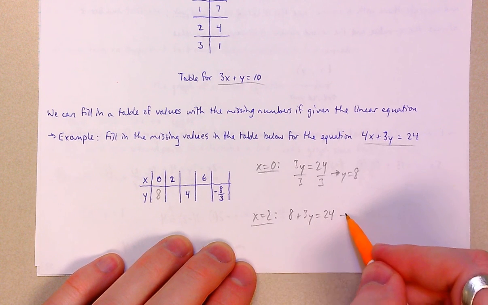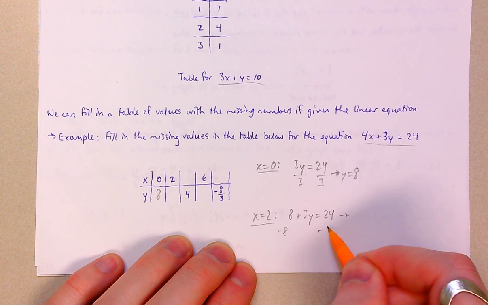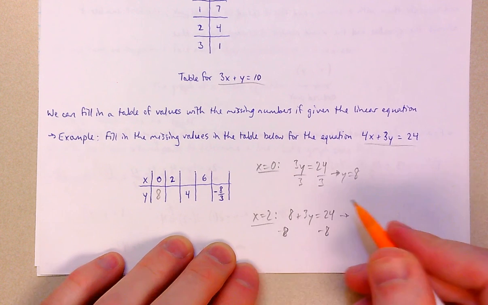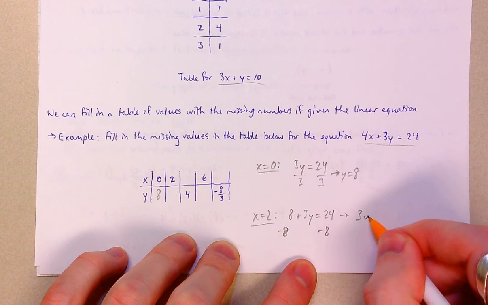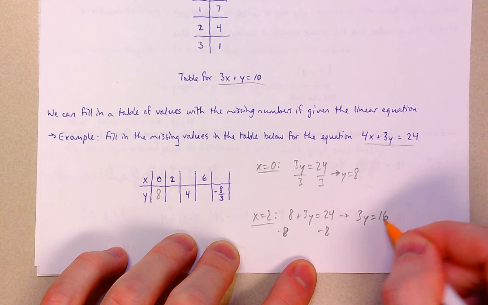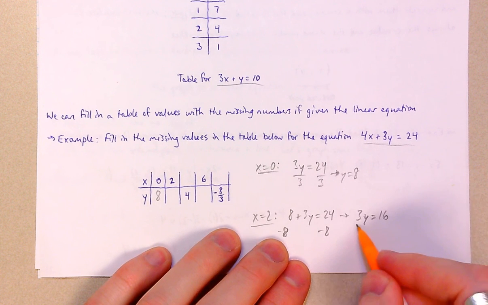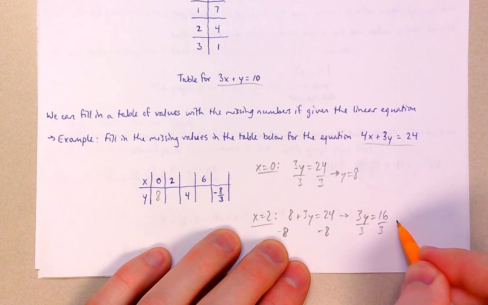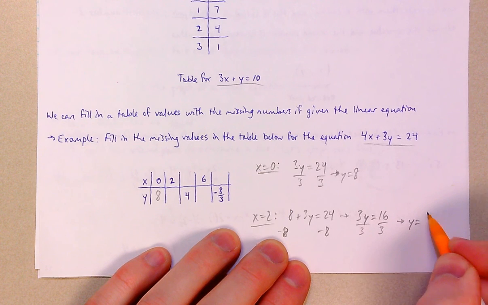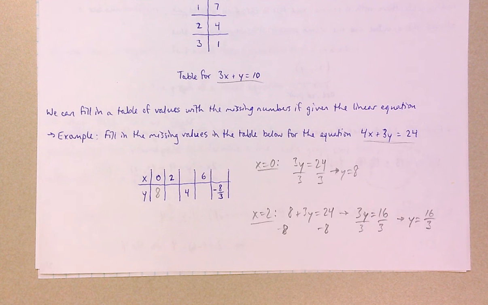If I subtract 8 from both sides, 3y is equal to 16. And then if you divide both sides by 3, you get y equals 16 over 3.